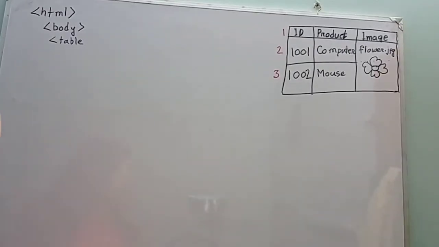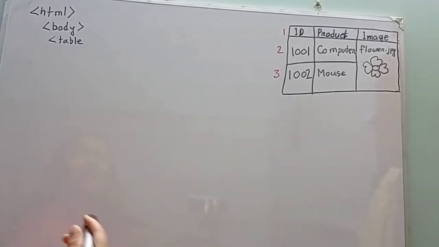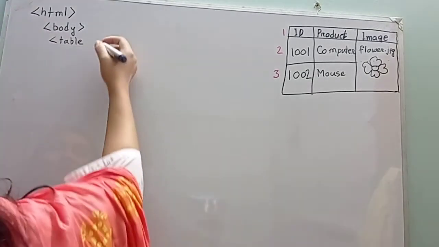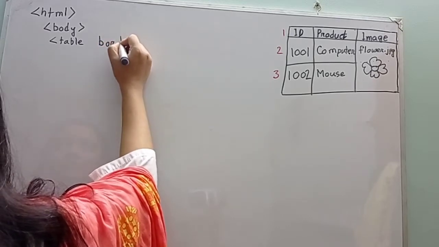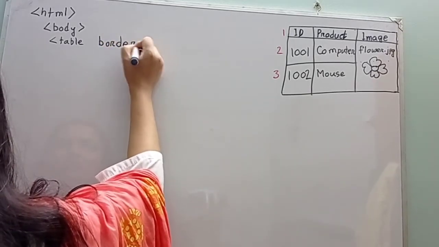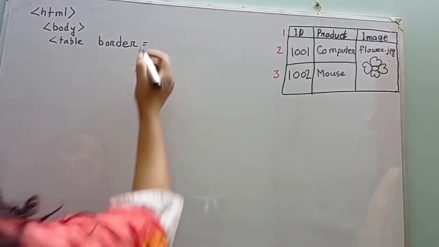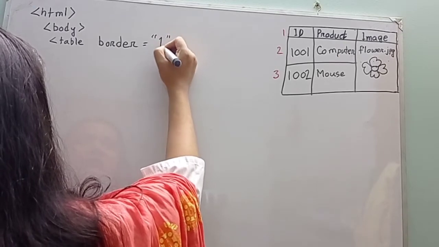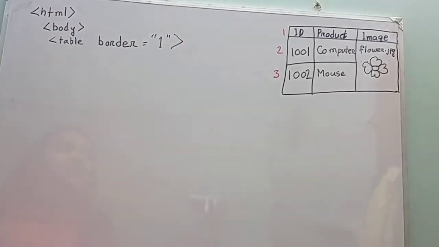And for an HTML table we have to add another attribute, which is border. Whenever I take an attribute, I have to take an attribute value, so here I am taking the attribute value inside quotation marks, that is 1.